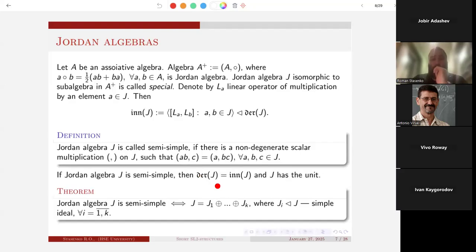And for Jordan algebras, the following statement is true. It is the criterion of semi-simplicity: a Jordan algebra is semi-simple if and only if it can be decomposed into a direct sum of simple ideals. So here are some facts about Jordan algebras which we need to understand the following theorem.